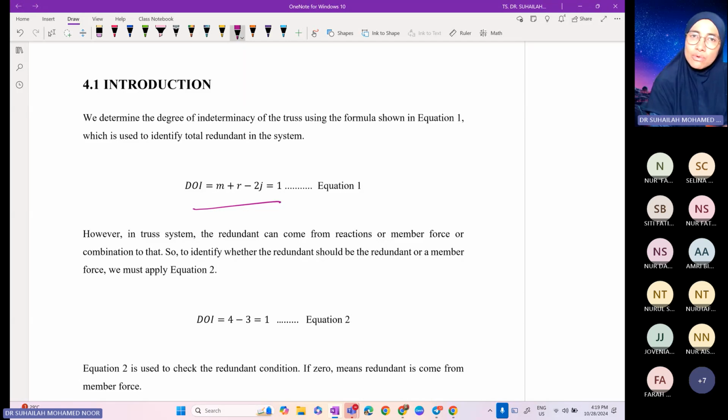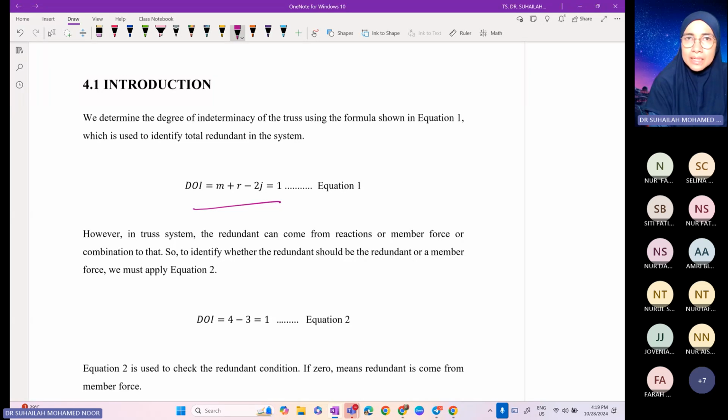And then we have to look at the support, the reaction at the support in the truss, because we have to understand that for a determinate and stable truss, the minimum reaction must be 3. The minimum reaction which comes from the support is 3, it cannot be less than that.